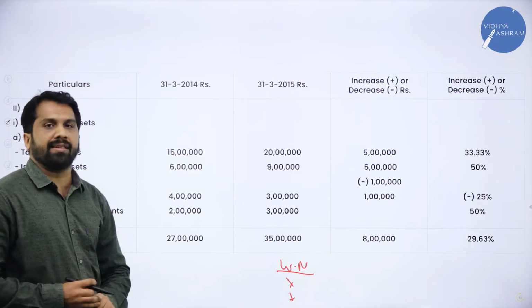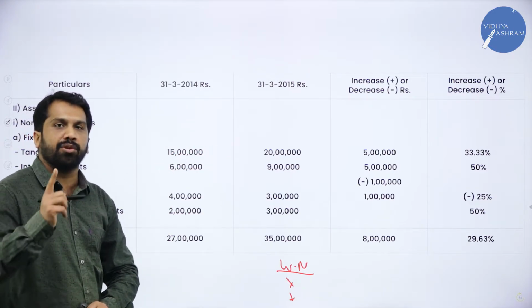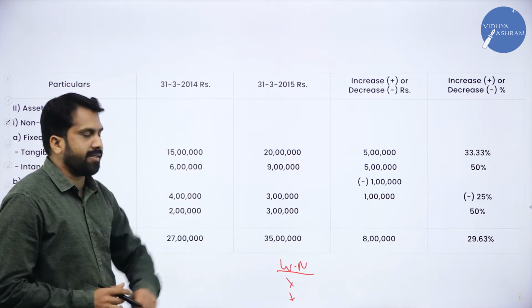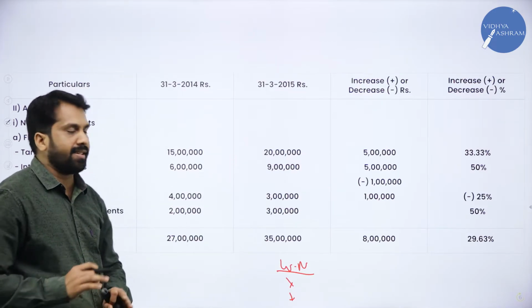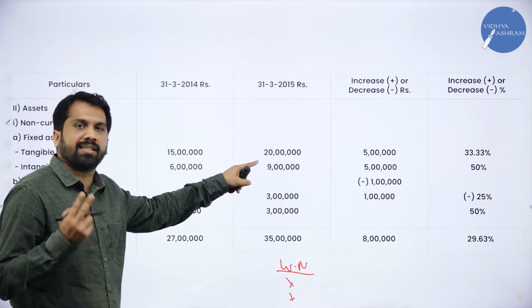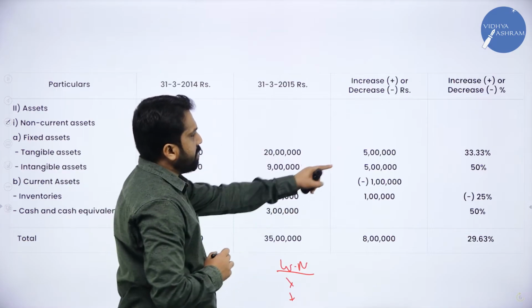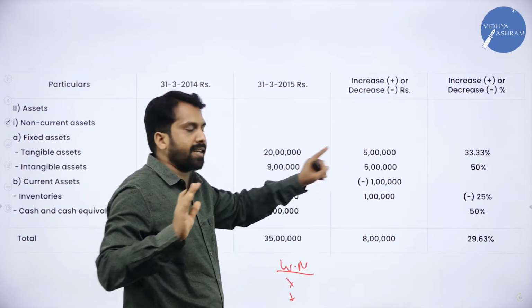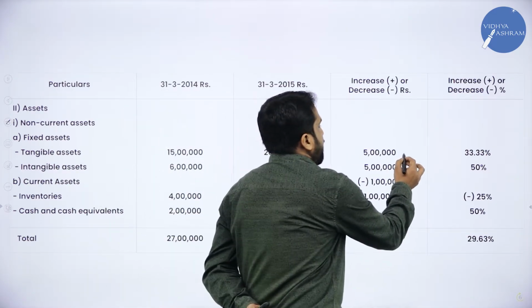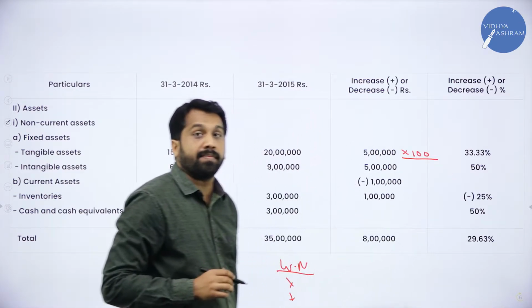You know how to calculate. We have 2014, 2015. I'll show you one. The rest of the things you should calculate yourself. Now, last year it was 15 lakh. This year how much? 20 lakh. Now, 15 minus 20. What is your answer? 5 lakh. Now, multiplied with what? 100. Divided by what?